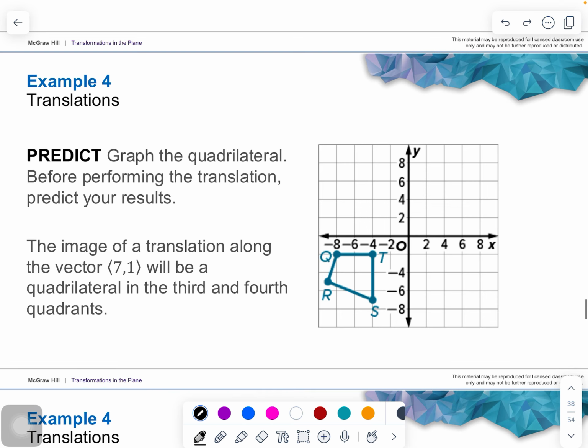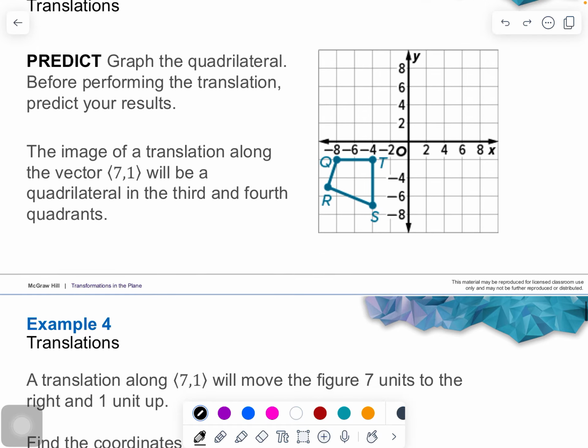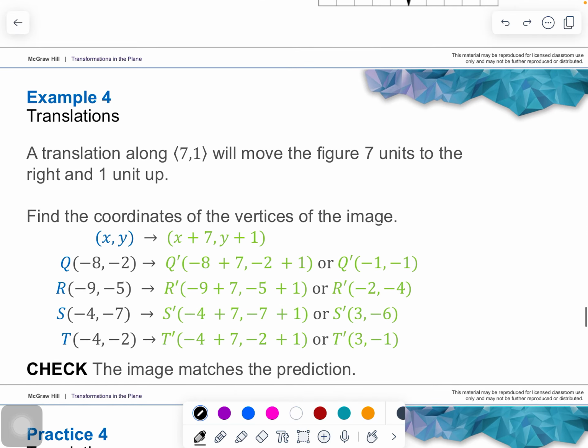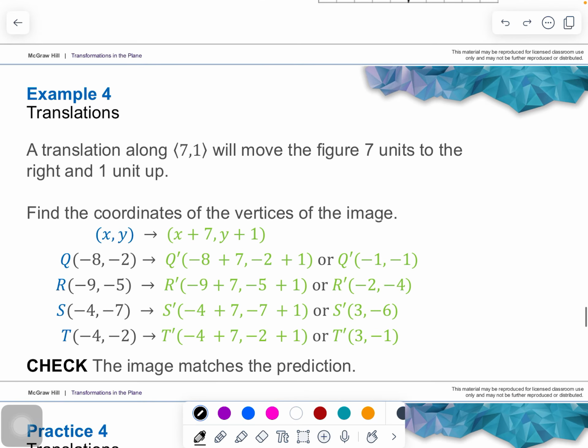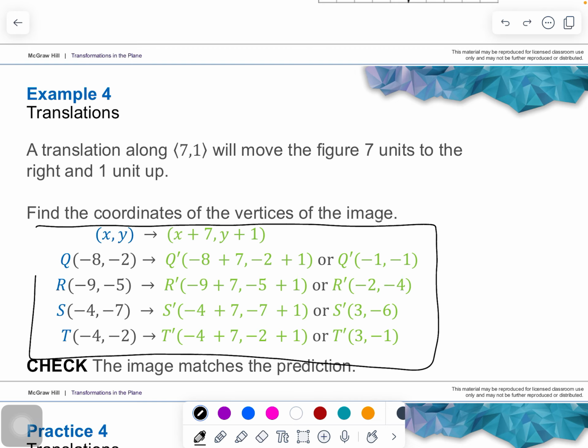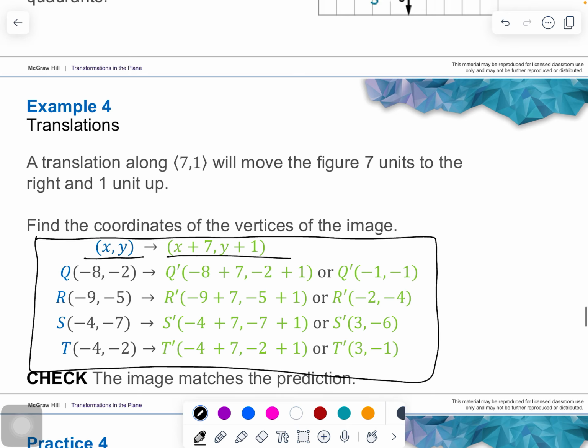And they first draw out QRST. And then I really do love how they write this. This is great. They write out our initial points here, and then on the right side, they write the rule on top that we're going to take the x coordinate plus 7 and the y coordinate plus 1, and then down below, they write that out methodically.